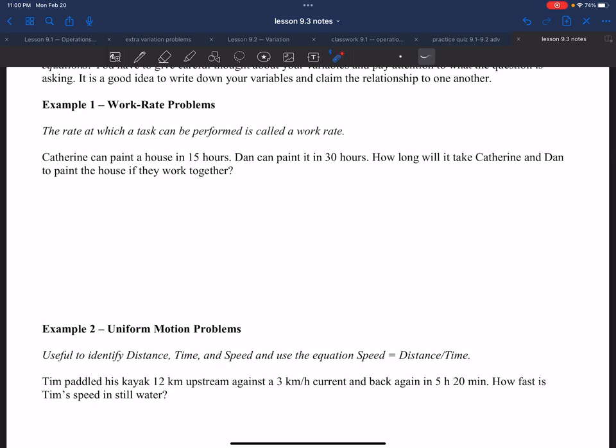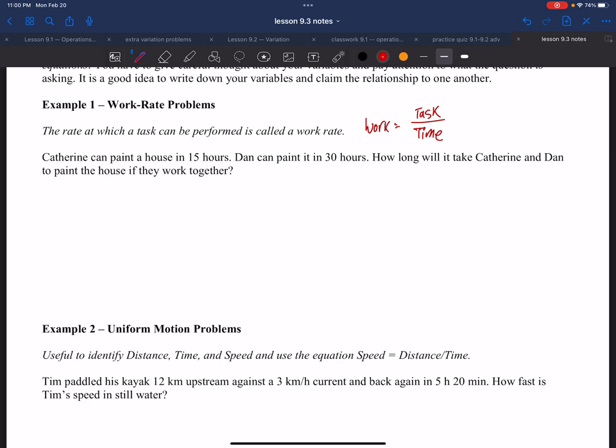Now, a work rate problem is essentially just some task getting performed in some amount of time. So it's kind of like your work equals some task accomplished in some amount of time. It's like how many things can you do in a certain amount of time?